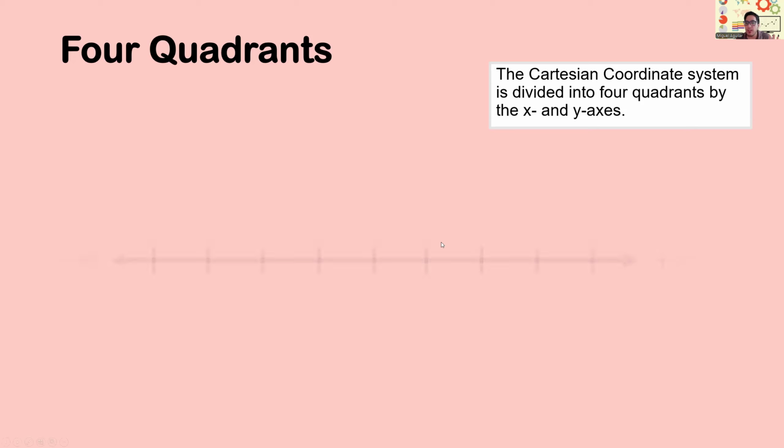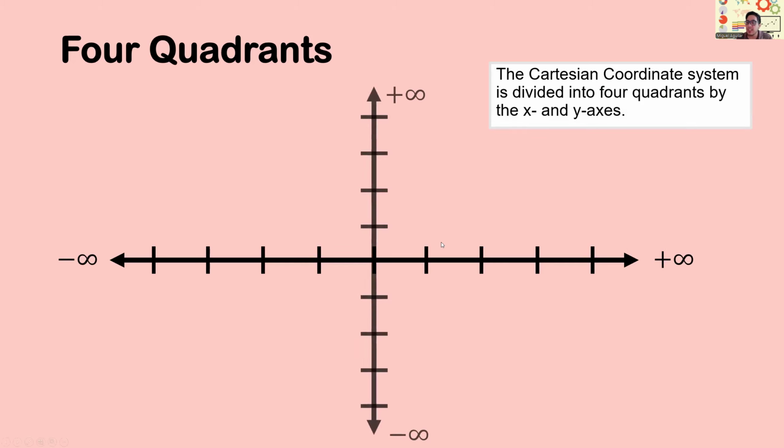Once we draw the x-axis and then the y-axis, you have now cut that space into 4 sections that we call quadrants, quad meaning 4, right? The way mathematicians traditionally number these quadrants is starting with the upper right quadrant. We call this quadrant 1. In quadrant 1, all of the x values are positive and all of the y values are positive.